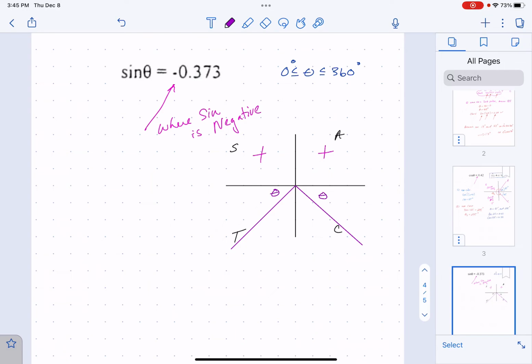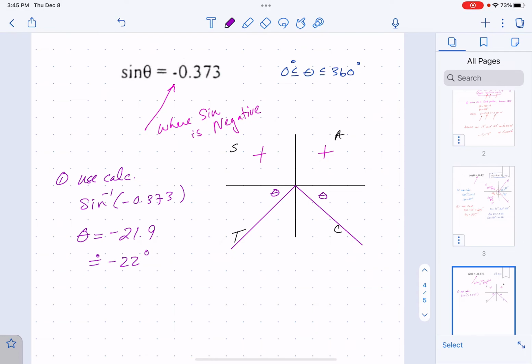So let's do this. Number one, we're going to use our calculator. And so we're going to do sine inverse of a negative this time. So 0.373 negative, second function sine, and I come up with theta equals negative 21.9, or approximately negative 22 degrees.